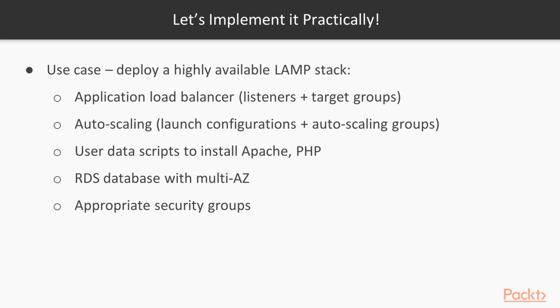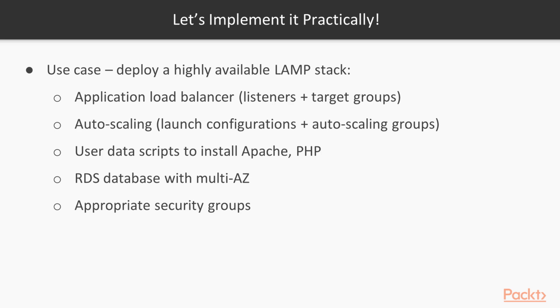Let's understand. First it would be an application load balancer. When you create an application load balancer, you will have to create listeners and target groups. Once you create an application load balancer, you have to create auto scaling. Within auto scaling, you have launch configurations and auto scaling groups. You also have to work with user data scripts because you have to install Apache and PHP on the EC2 instances which get launched.